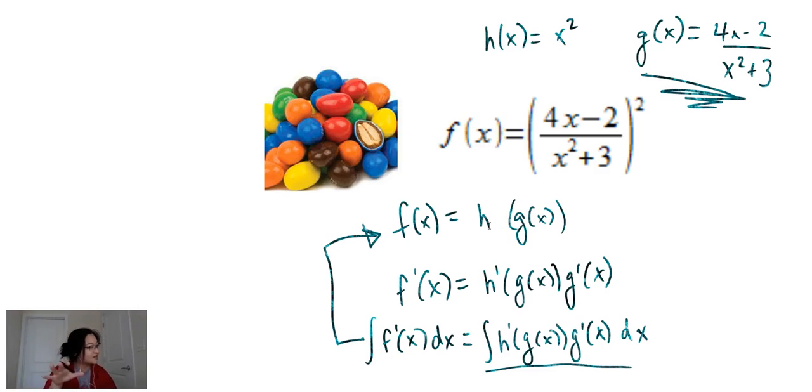That doesn't always work. Sometimes it works and that's awesome, but generally it doesn't tend to happen. So identify the inside function, and then we can do something called U-substitution.